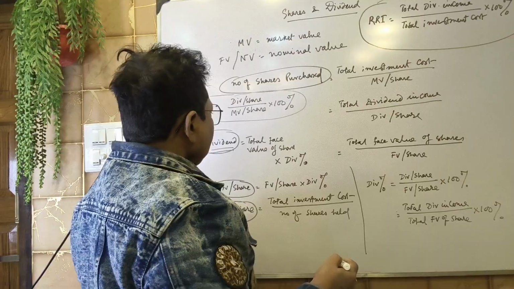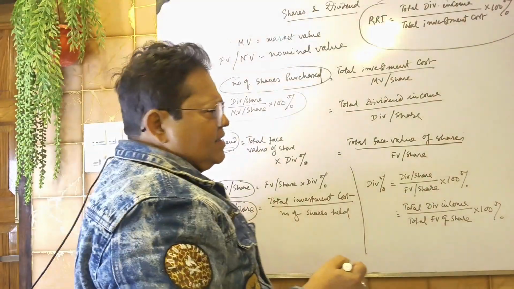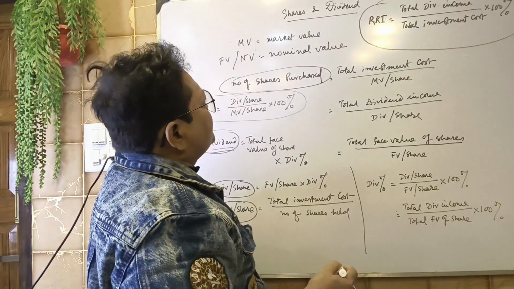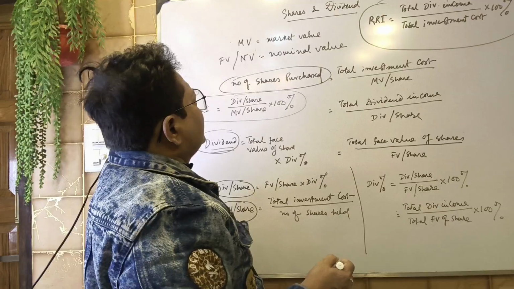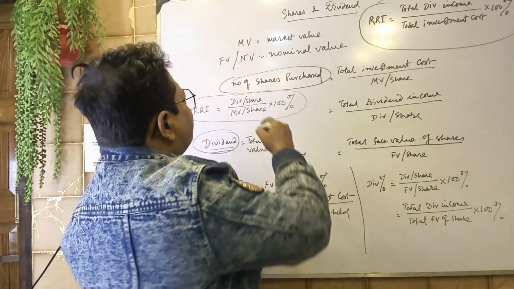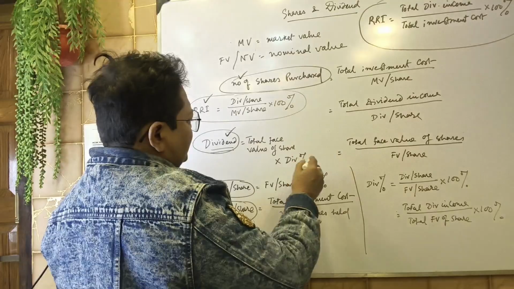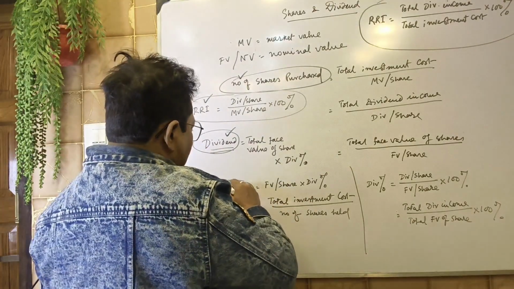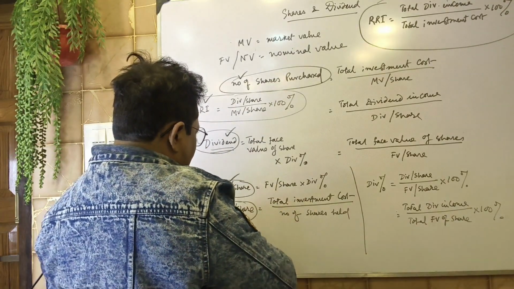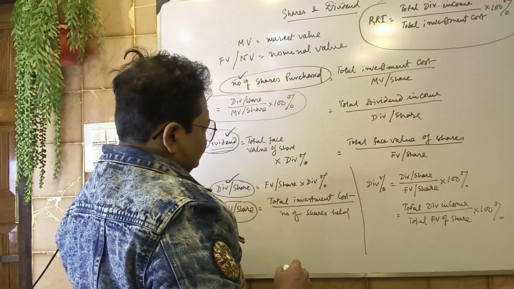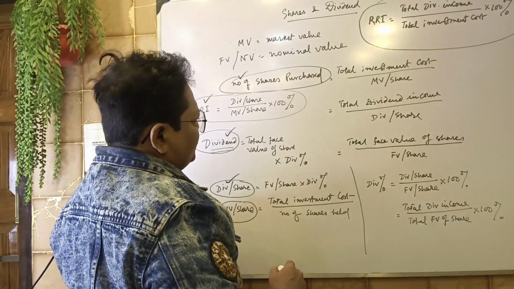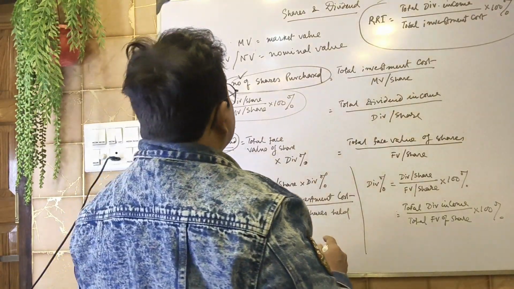Now, I think I can give you most of the number of shares purchased. Yes, it is very important. RRI, dividend, how to calculate dividend, dividend per share, market value per share, and total investment cost.